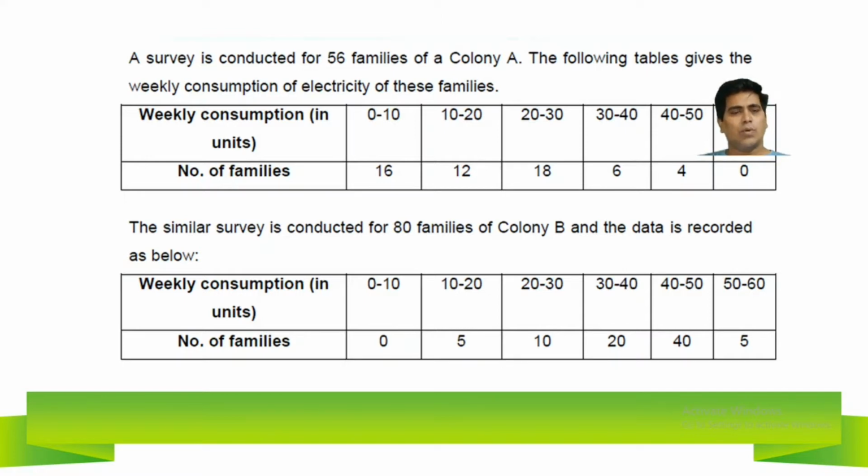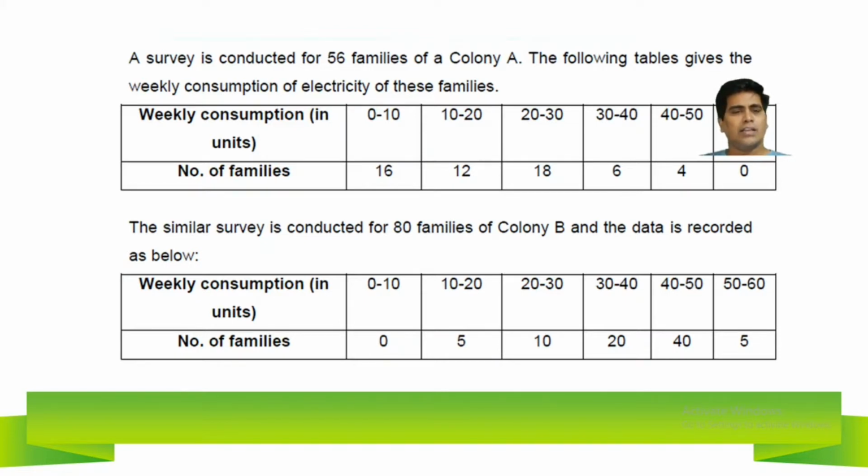Next we will see colony B. Similarly, the survey is conducted for 80 families of colony B. So this 80 and this 56 are very important: from colony A 56 families, from colony B 80 families.